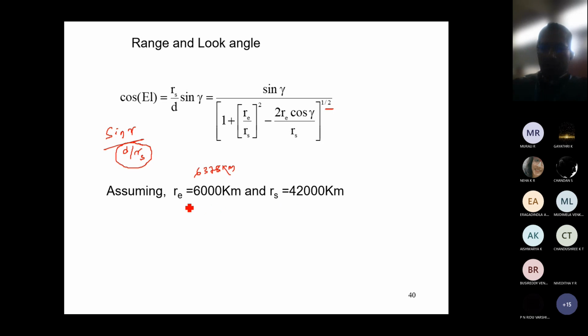Now, these are the constants, if you put this in this equation, now your equation will be in form of gamma. So cos elevation will be only this value. All right. So you have the simplified expression of cos elevation by using the predefined value of Re and Rs in this equation.